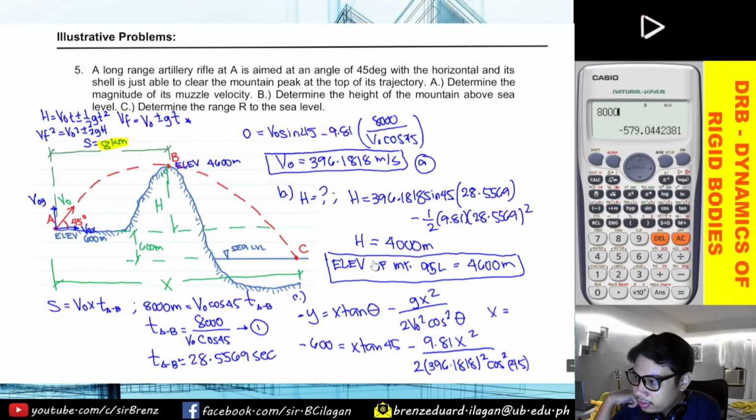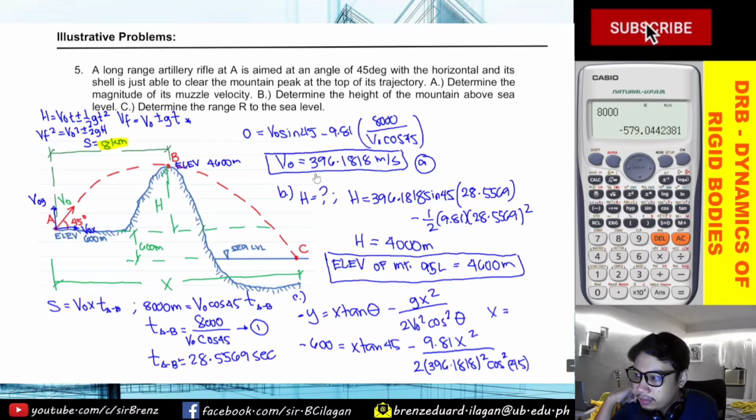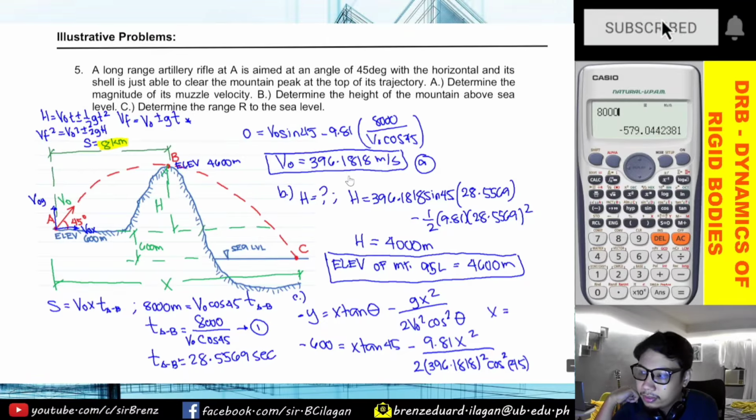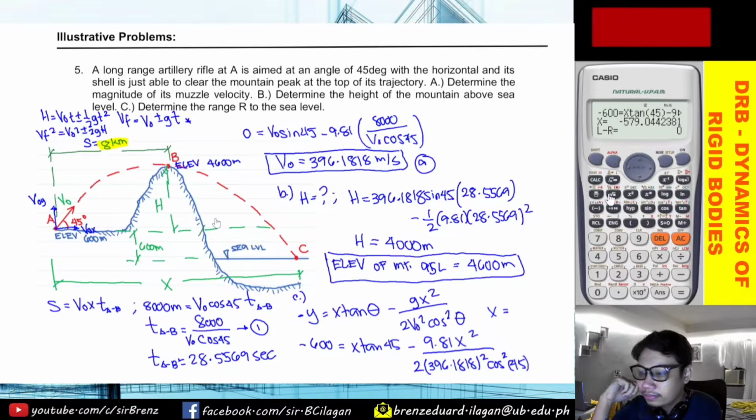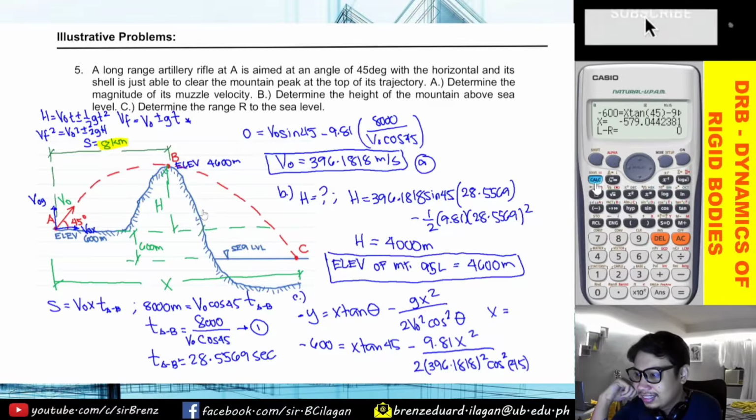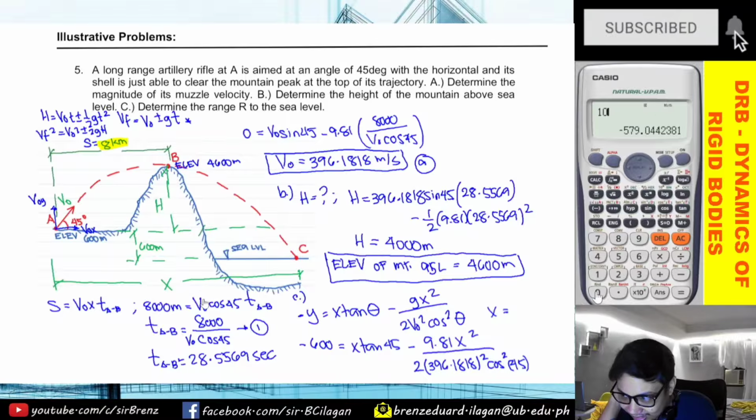Shift solve 8,000. Kasi kung mapapansin nyo guys, kaya ako nilalakihan yung value. Ang bilis kasi ng velocity ng rifle, yung bullet. So, malayo talaga yung mararating niya. Bala. So, try ulit natin. 10,000. Ayan.